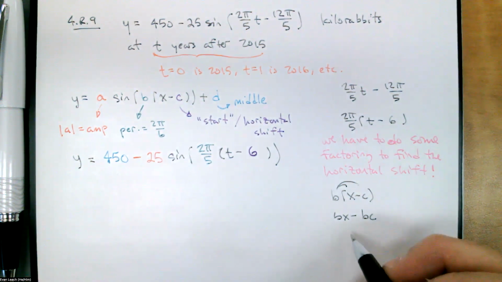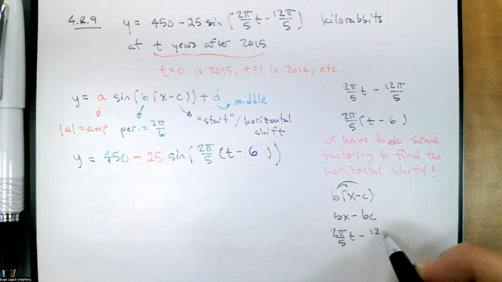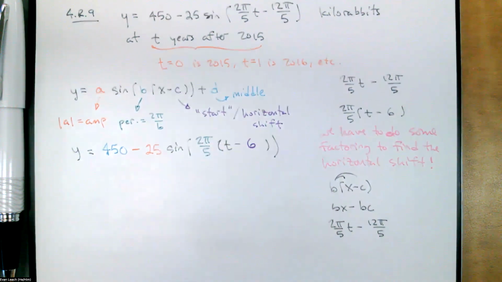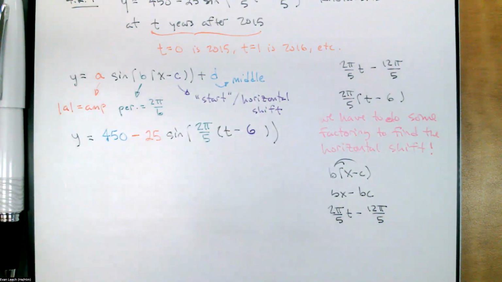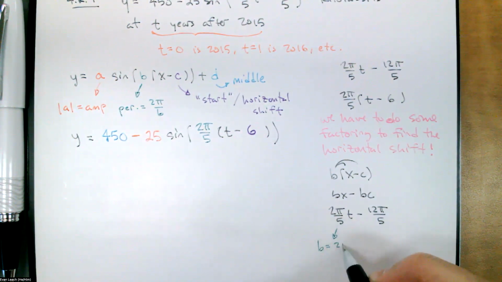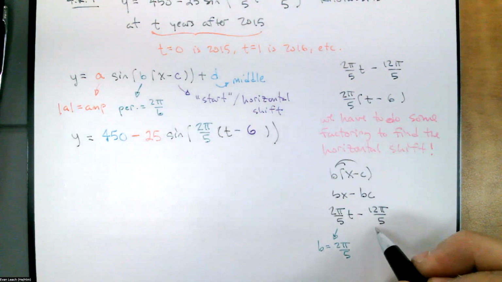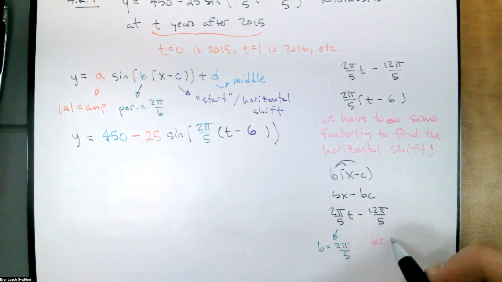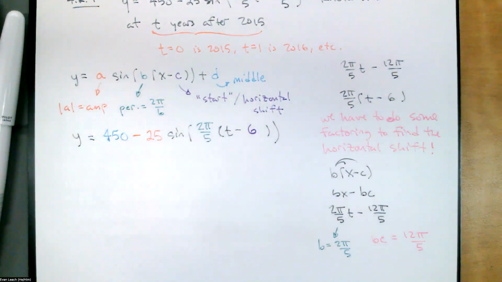So when we look at 2 pi over 5t minus 12 pi over 5, this 12 pi over 5 is bc. So b is 2 pi over 5. But the 12 pi over 5 is a combination. bc is 12 pi over 5.